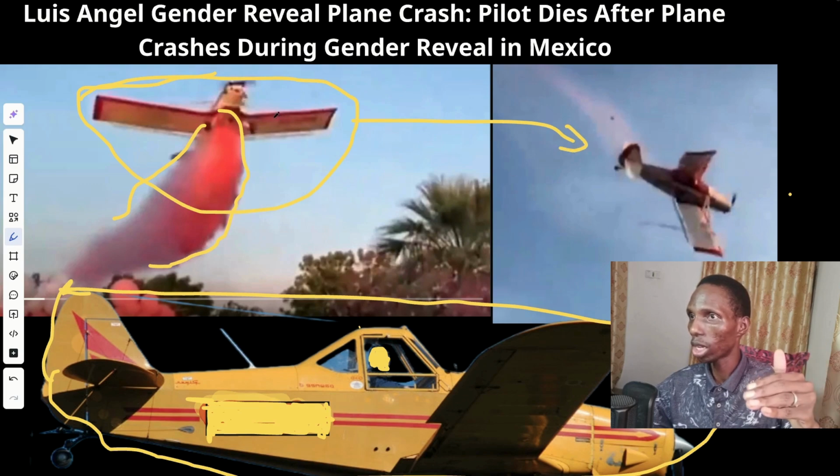From one wing flipping, to now having it rolling upside down. You can see almost the top of the wing, and it's rolling sideways already, which eventually caused the second wing as well to fold up.